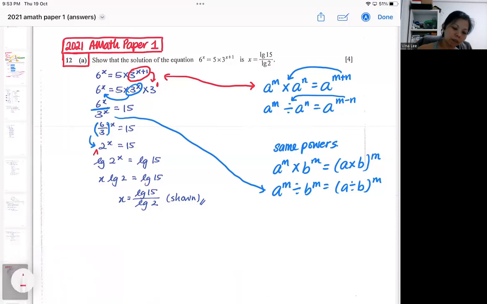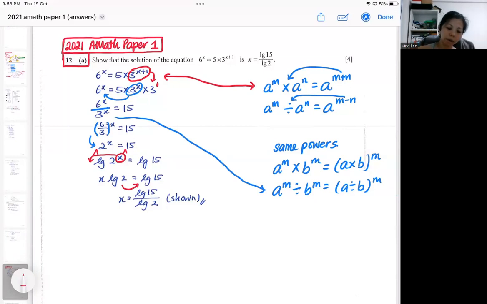The objective of inserting LG on both sides is to be able to apply the logarithm rule of bringing down the power, so that I can solve for x. Once I've got that, it's just dividing over, and that's how I got the proof. So in just a short question here, you execute the indices rule, and you also take log on both sides.